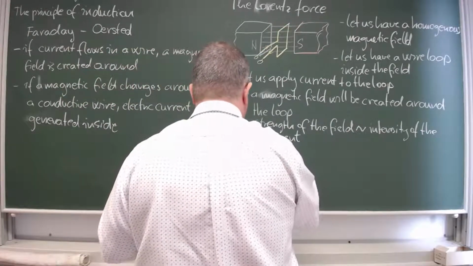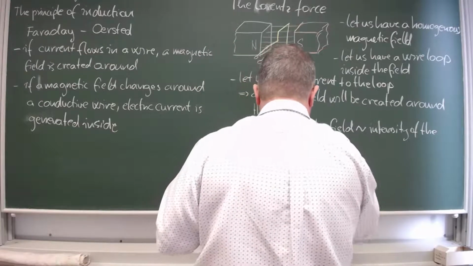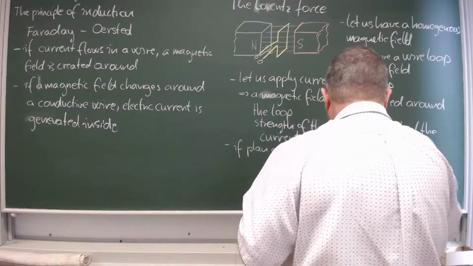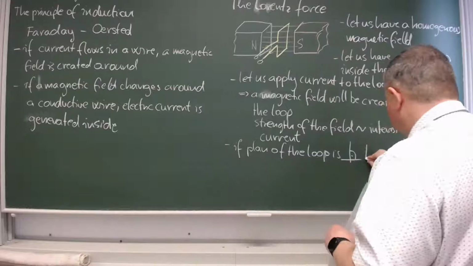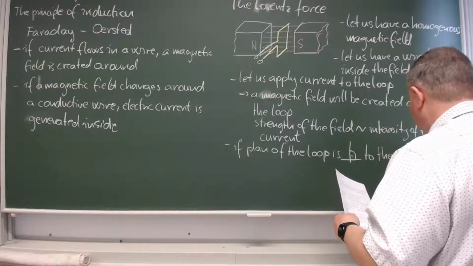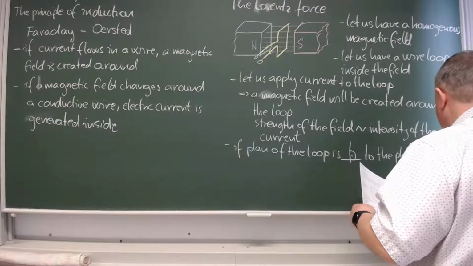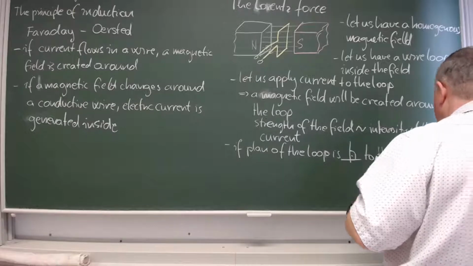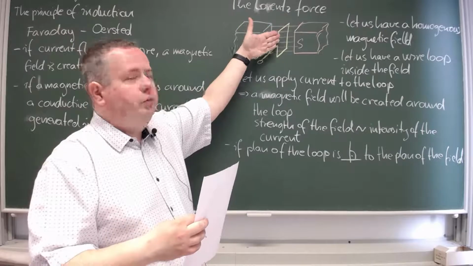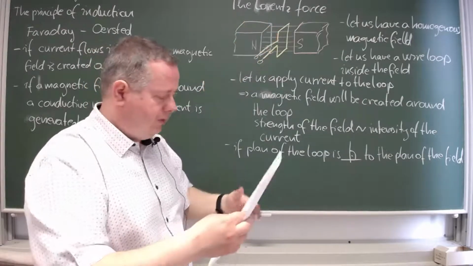If the plane of the loop is perpendicular to the plane of the field, so you get, this is the plane of the field, and you get the wire loop, which is perpendicular to the plane of the field. What happens?